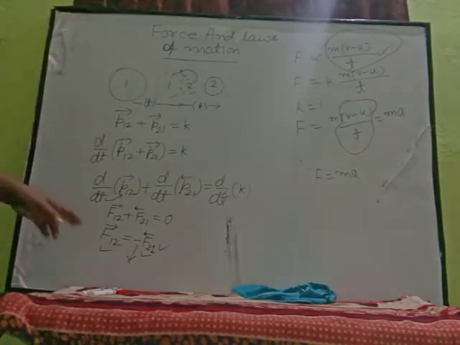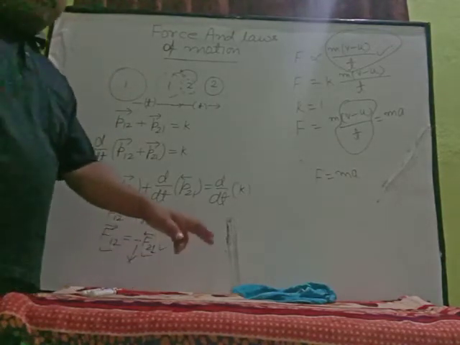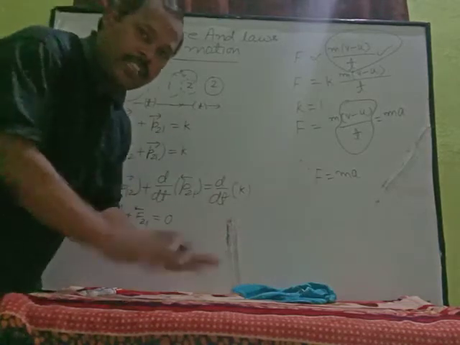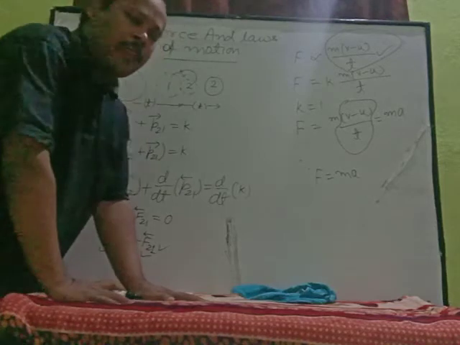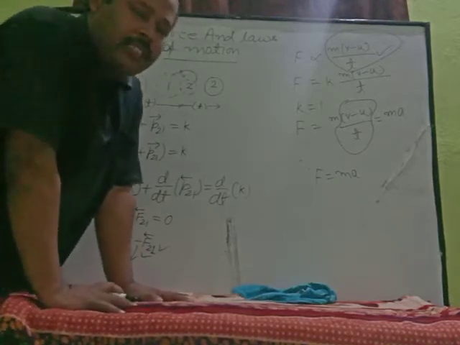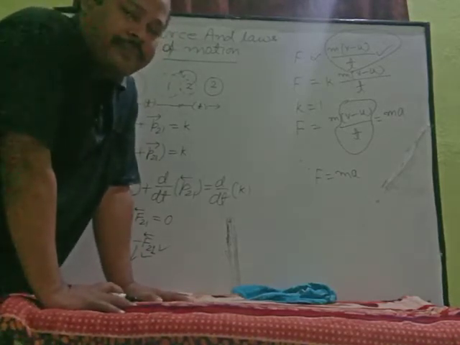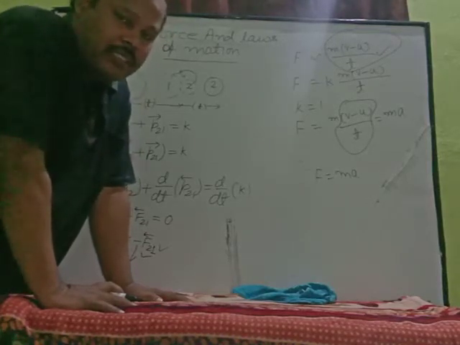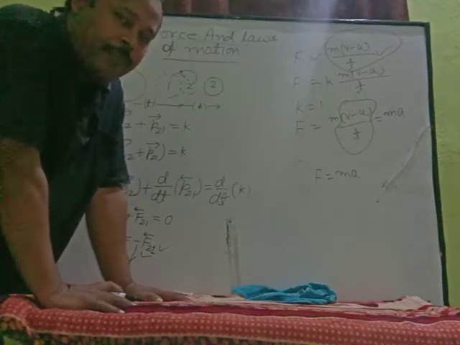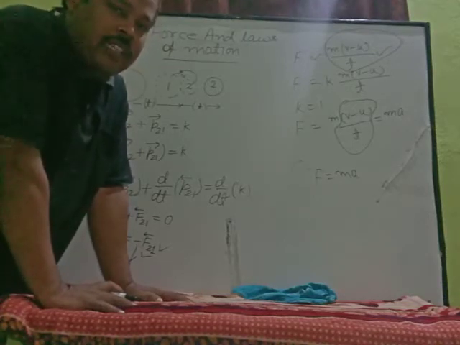So there is an equal and opposite force acting on the system. There are many numericals based on it, on the basis of law of conservation of momentum and even force, acceleration. Clear? Many applications are there.